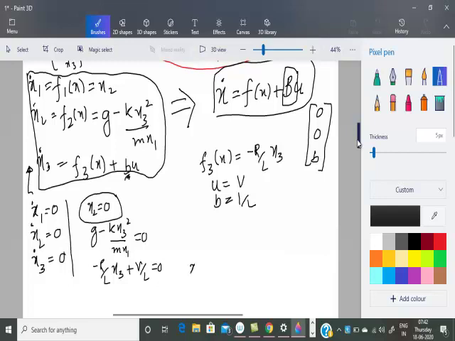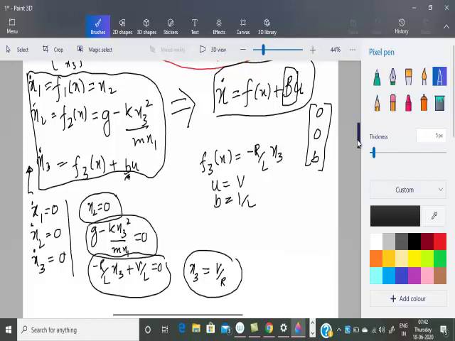The other point is x3 that you get from this equation, and this is going to be v by r, right? And from here you'll get x1 is going to be k x3 square by m g, right? You take this to the left hand side, then get x1 here, x3 here.